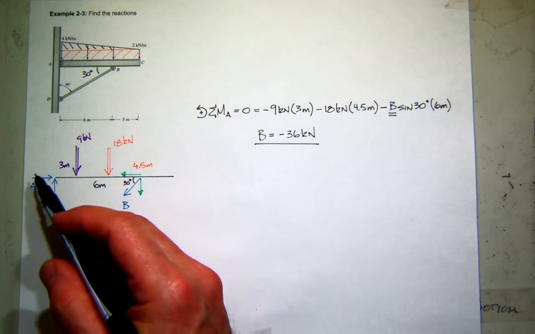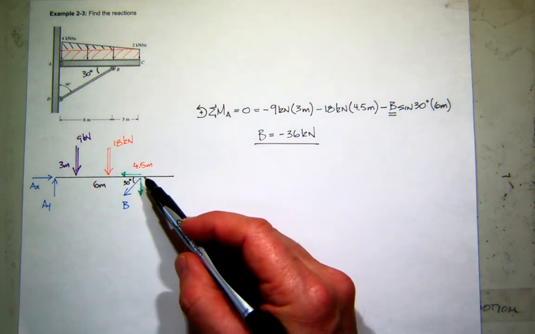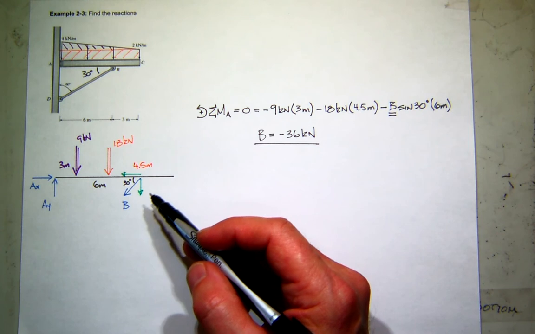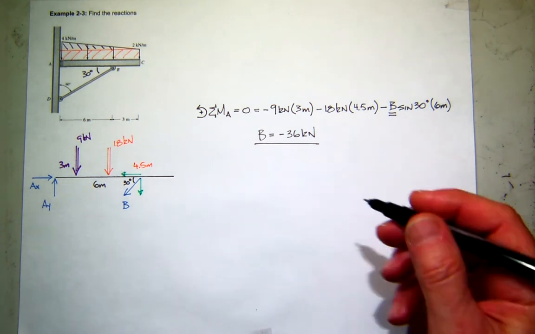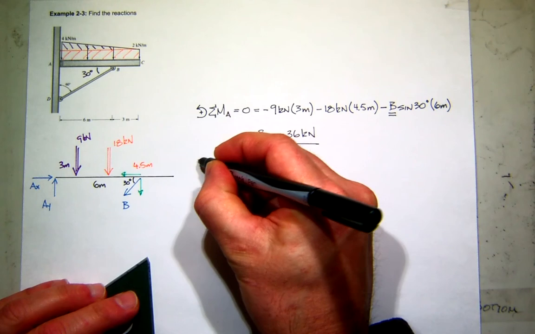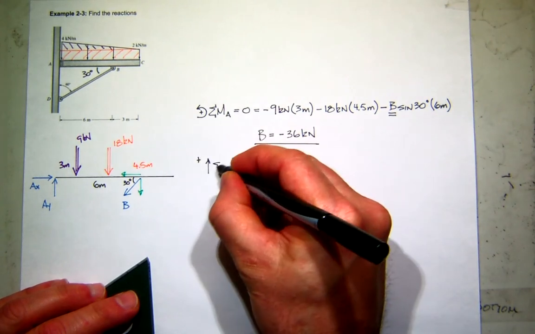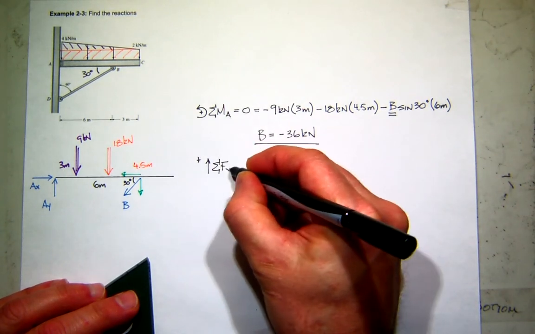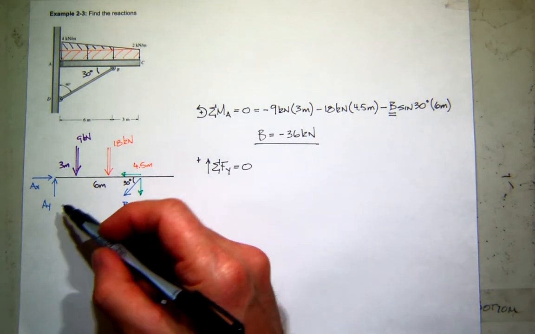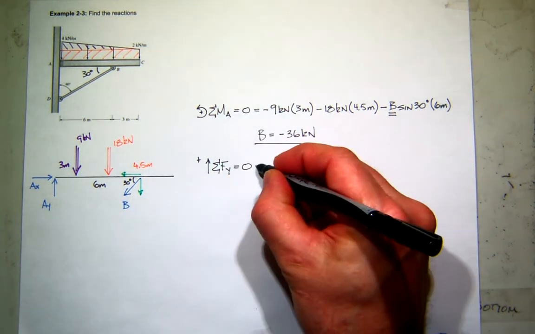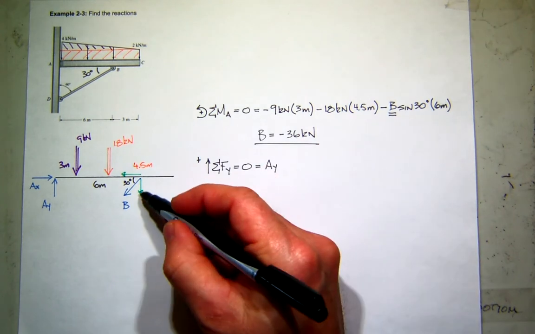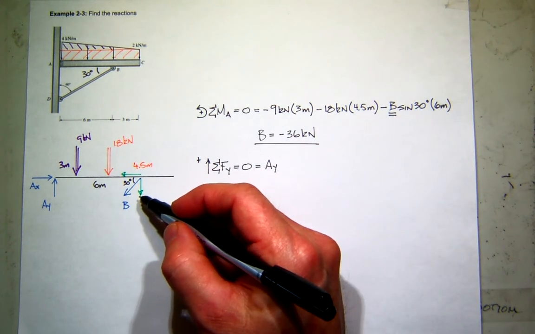So I need to find AX and AY. I could sum moments at B again, but sums of forces in X or Y are easier equations to do. I'll sum in the Y direction. I've got AY acting up. Here's my BY, acting down, so that's minus.